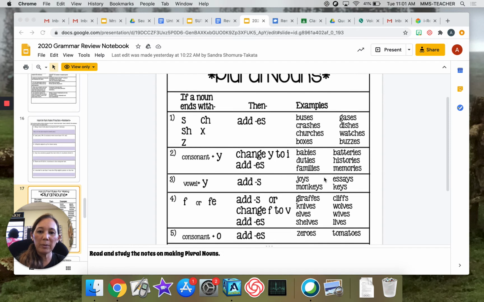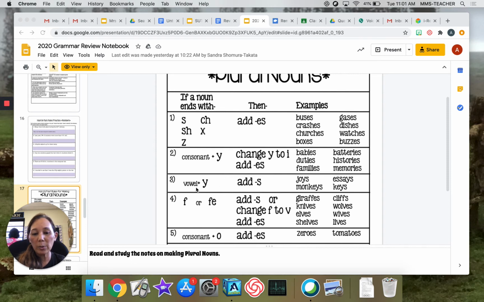Rule number 3. If the noun ends with a vowel first and then a Y, you would add an S. So here's an example. Joys. So joy, it ends with a Y, but the letter that precedes the Y is a vowel.